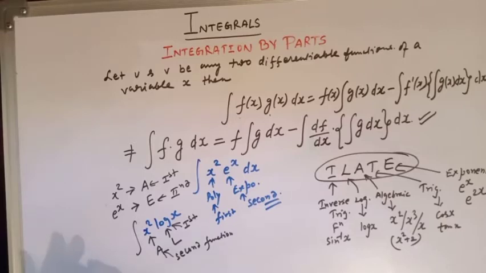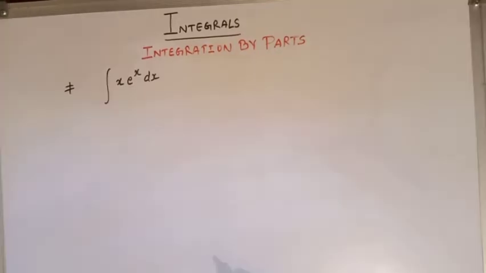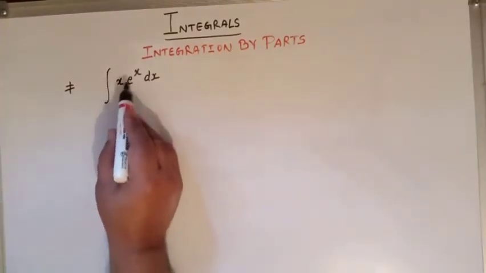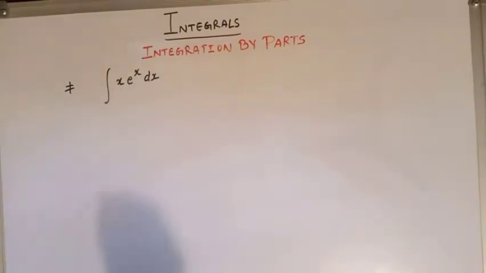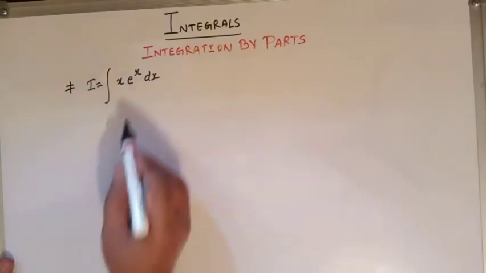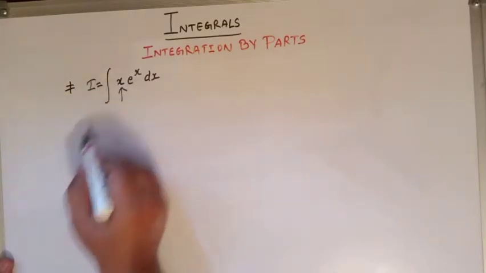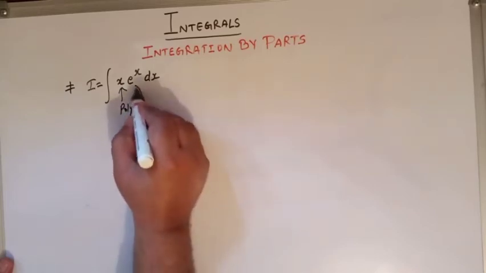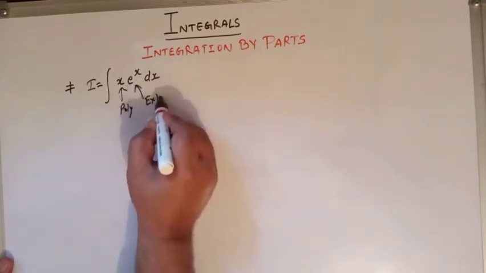Clear? So viewers, let us solve some problems based on integration by parts. Now suppose we have to integrate x e raised to x. Let us call this integral as I. Here we see that this is a polynomial function and this is an exponential function.